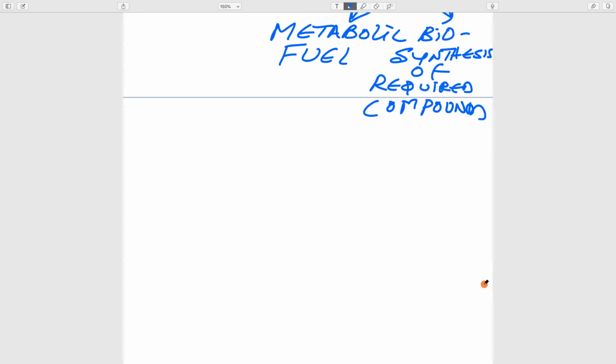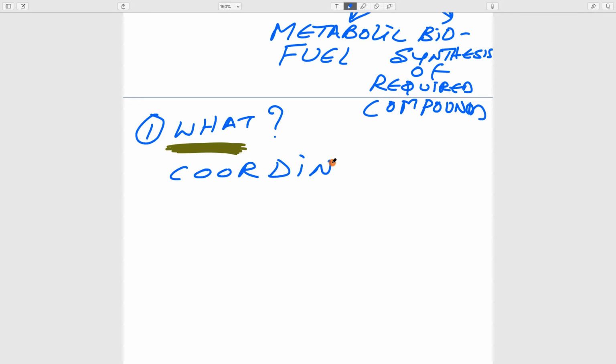Then let us deal with the objectives one by one. The first one, as I said, is definition. What is integration? Integration is nothing but coordination or cooperation.